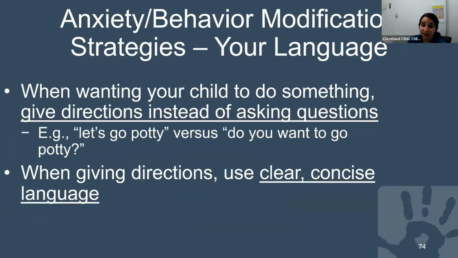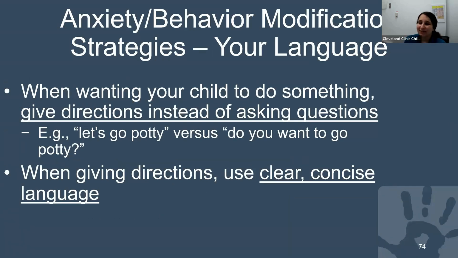Other strategies to consider can be your language as the parent or caregiver. Something that can be helpful is giving directions instead of asking questions. Because if you ask your kiddo, do you want to go potty? Well, kiddo might say, no, I don't want to go potty.